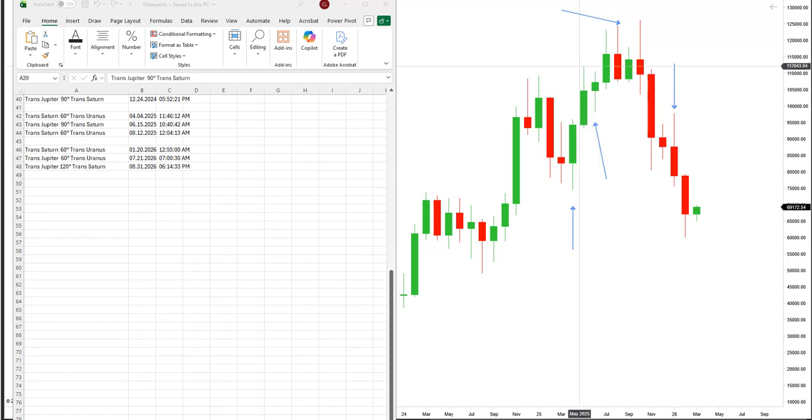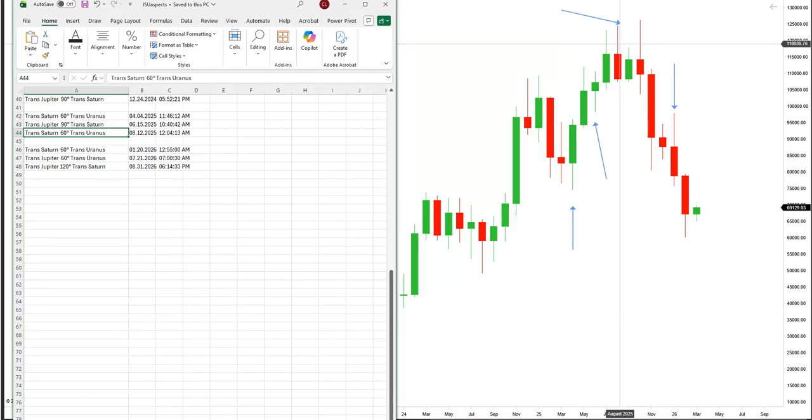The uptrend halted temporarily while this inside bar was formed and continued on up into the last aspect in August, which was that Saturn-Uranus sextile repeating again. So note that that Saturn-Uranus sextile pair was the low and then the high of that move up.